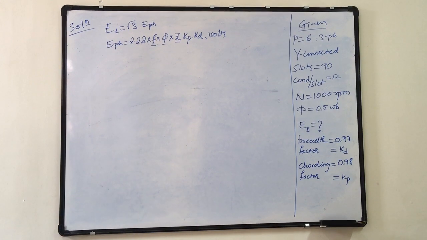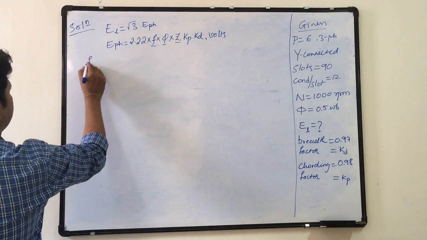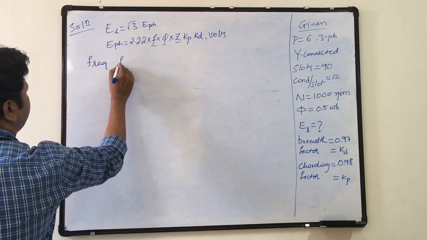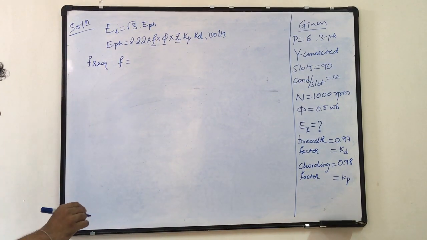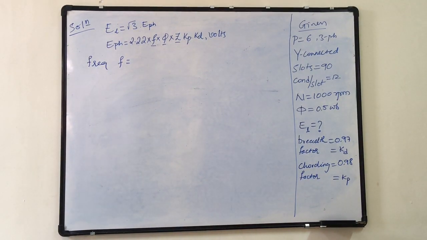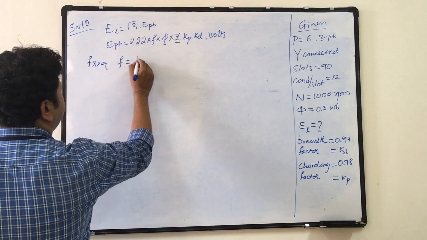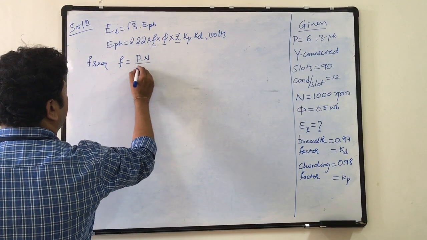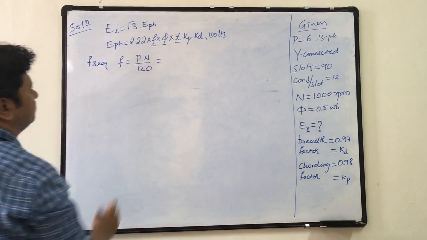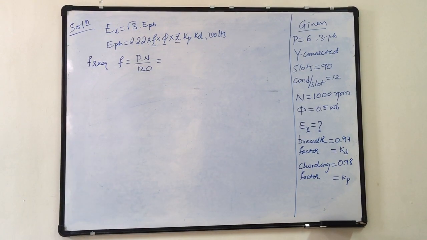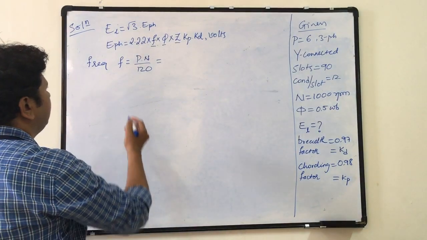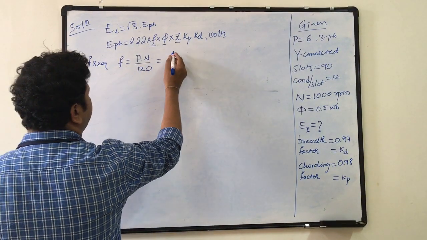Now first we will see what is frequency. So frequency F is equal to, the expression for frequency of generated EMF in a generator is PN upon 120. We have derived this. We saw after the construction and principle what is the frequency of induced EMF in the generator. It came out to be PN by 120.